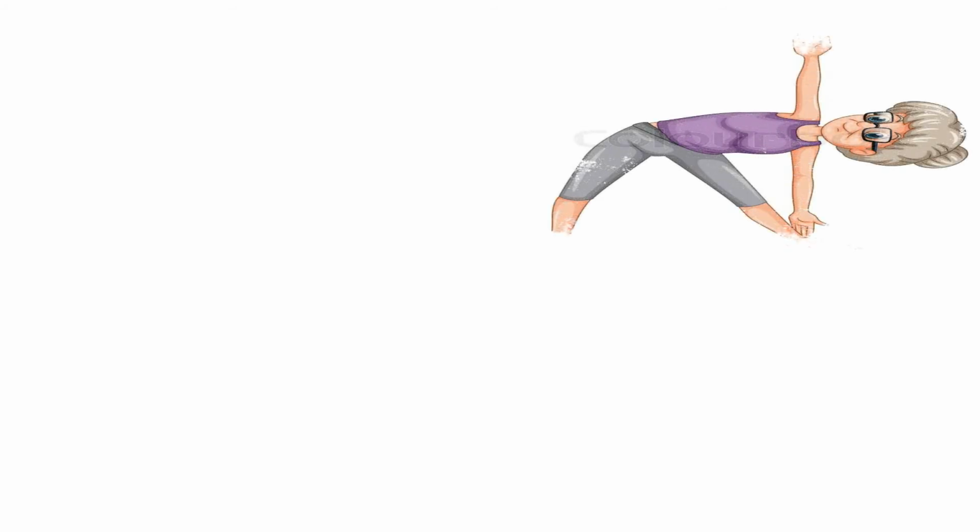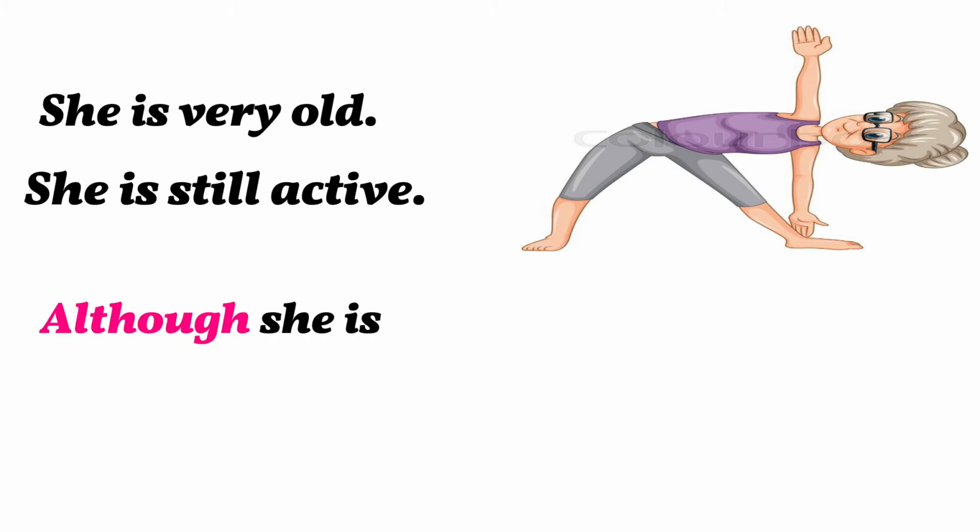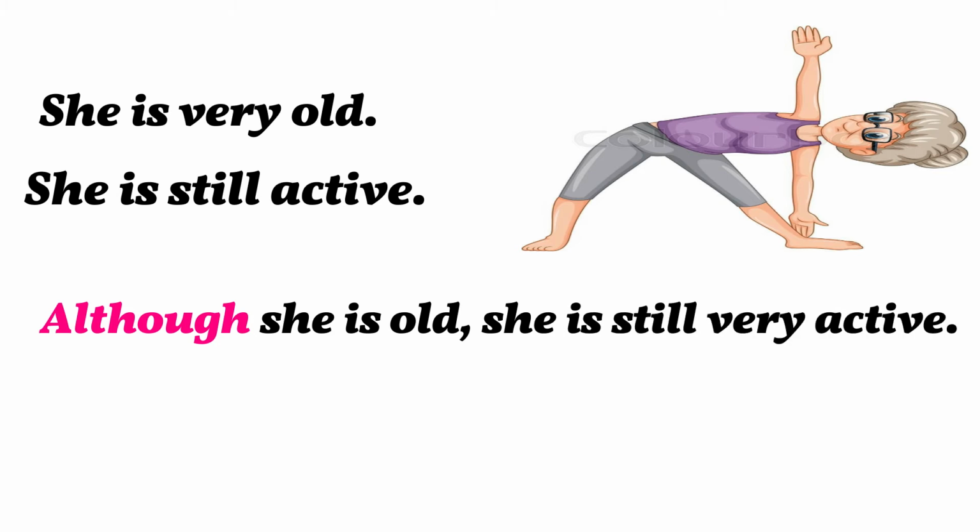Look at this situation. Look at the picture. She's very old. She's still active. We can join by using although, and we say, although she is old, she's still very active. However, if we want to use in spite of, as we said, it's plus noun or ing.